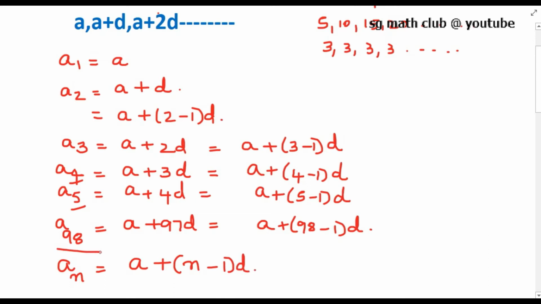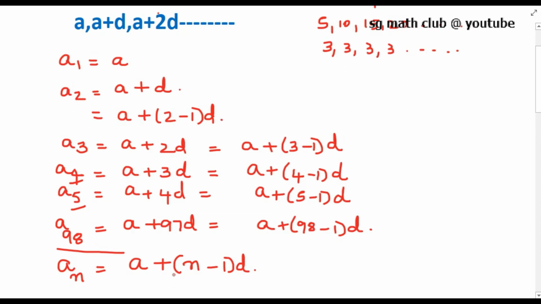So this is the first formula that you need to learn in this lesson. That is, the nth term of an AP is denoted as a_n and it is given as a plus (n minus 1) into d, where a is the first term and d is the common difference.